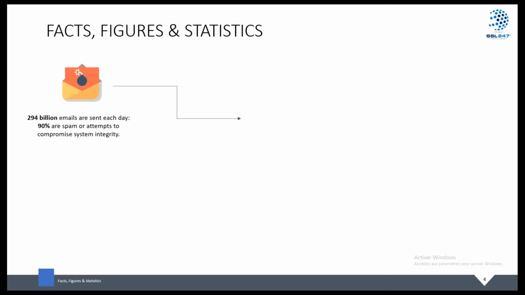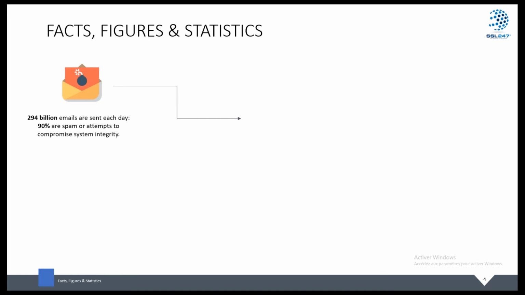If we're talking about facts, figures, and statistics, just in the US, for instance, in a year, phishing attempts cost $500 million in losses, which is a massive amount of money just by phishing. We're not accounting for phone phishing or social network phishing or physical intrusion. Just email phishing costs $500 million in the US.